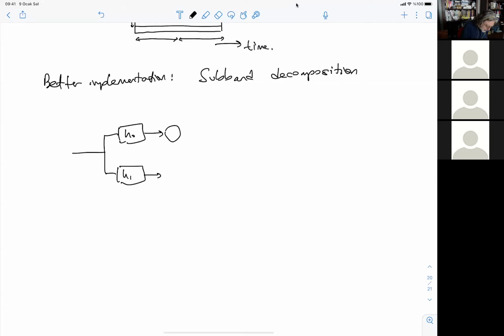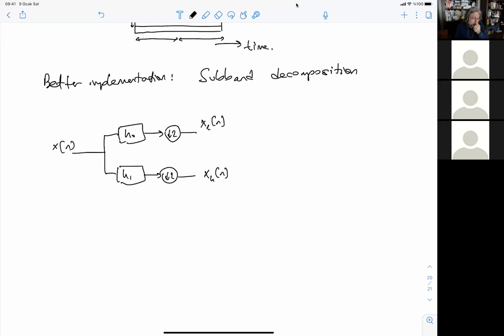And then a downsampling by a factor of 2. So these two outputs here will be like a transformation from the input x of n into x sub L of n and x sub H of n, or x0, x1. Some very different names could be given here.